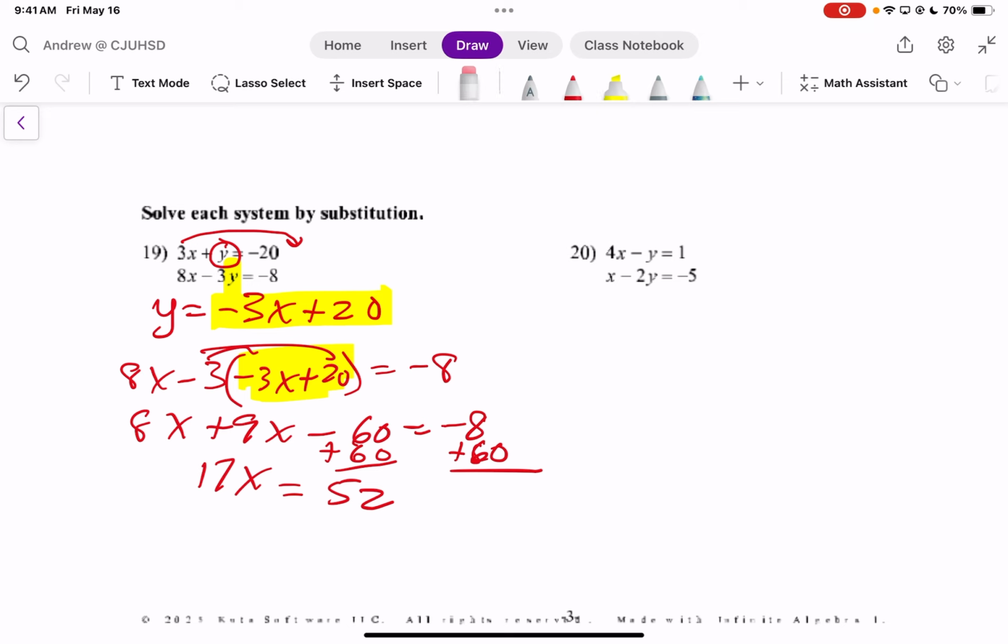You're right. Thank you. So right there. And then that makes this positive 60, so it'll be minus 60. And so that's actually minus 68. There we go. 17 will go in there 4 times.